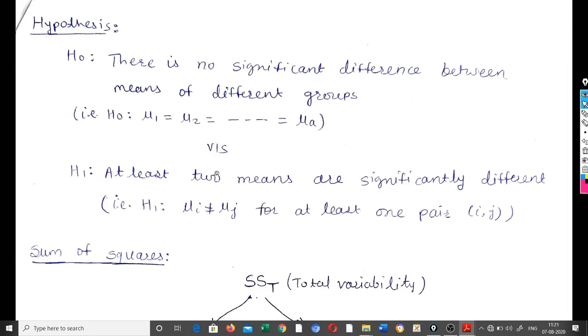Now, the hypothesis in this case is just like your one way ANOVA: there is no significant difference between different groups or different treatments.